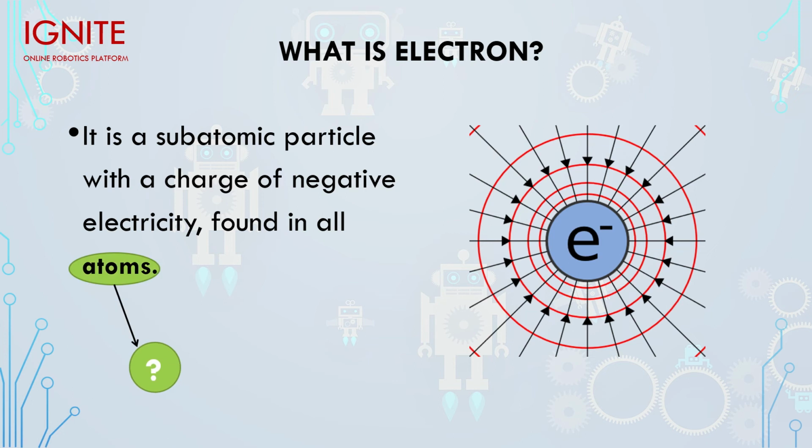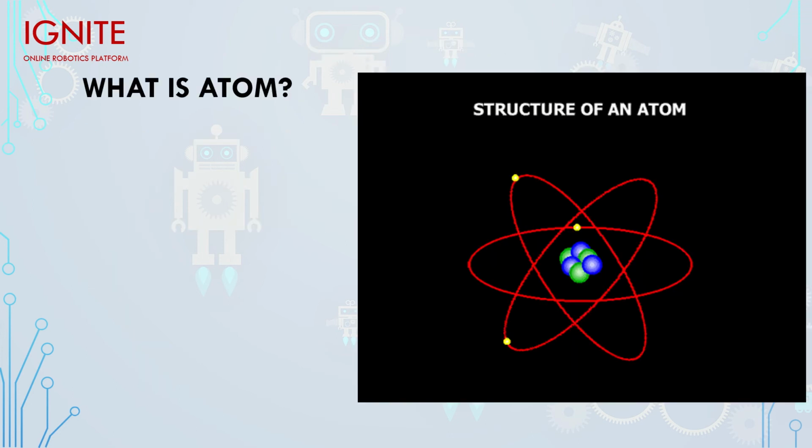Now, what is an atom? The word atom is also very new to us. When we say the flow of electrons is electricity, we discuss what an electron is, and then a new word comes, atom. An atom is the smallest particle of an element that can exist.